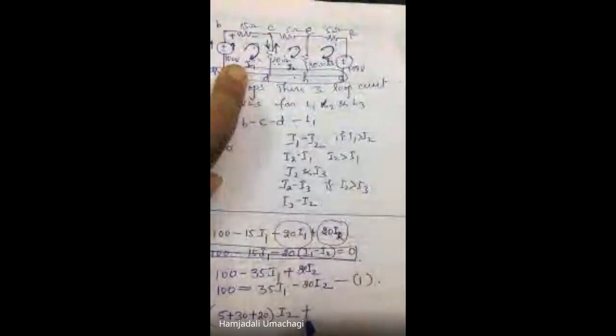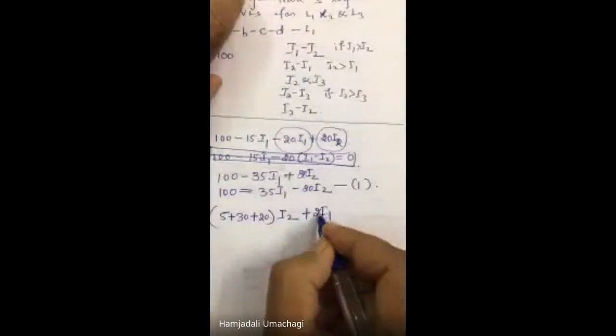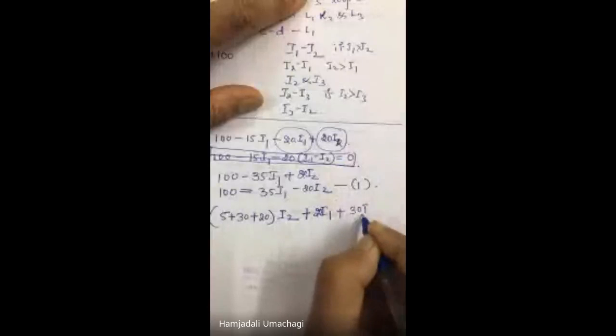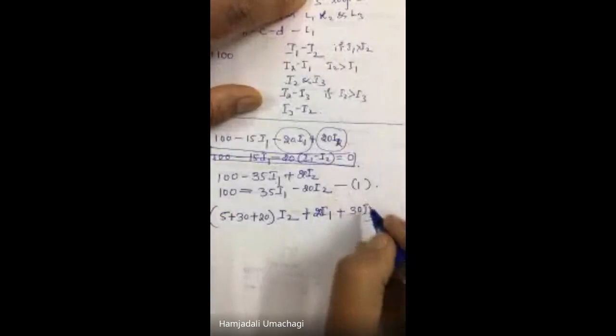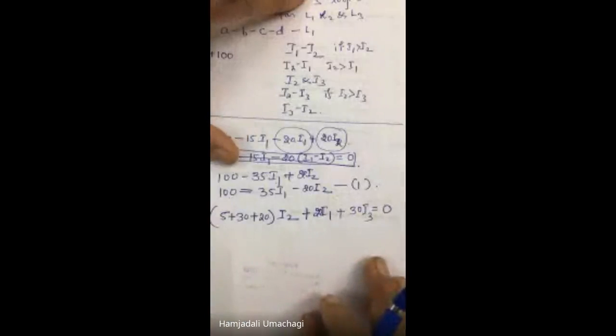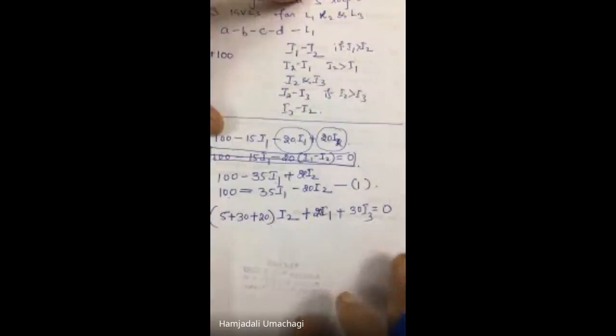Just mind it, I2 is in this direction, whereas I1 is in the downward direction. Thus, it will be plus 20 I1. What about this one? This is also plus 30 I3, equal to 0.